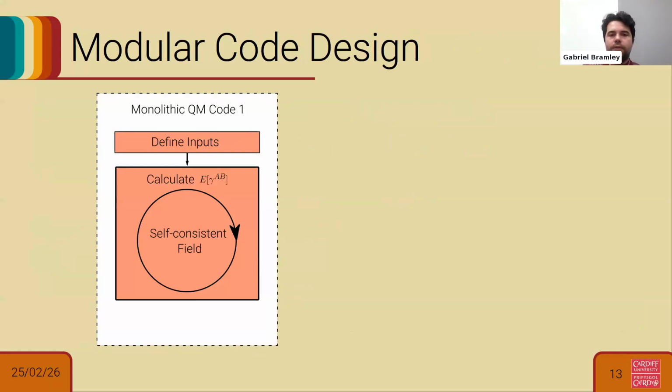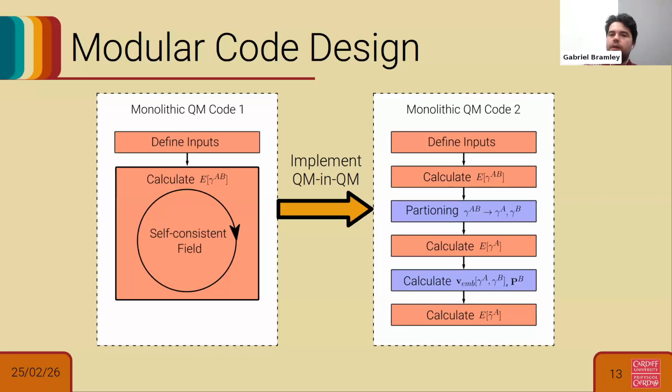To have QM in QM embedding in many electronic structure codes, you have to put a lot of the machinery of embedding into the software, and you also need a high-level wrapper that calculates the different subsystem energies. So, for example, you would need a routine that takes in this energy and then calculates this energy and the density matrix, partitions it, and then calculates the subsystem energy.